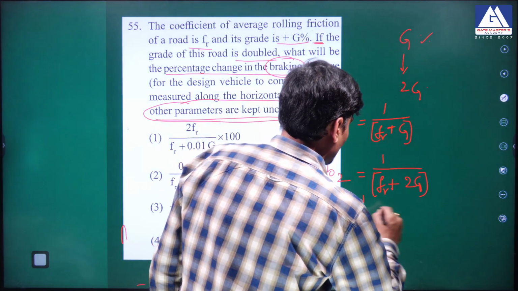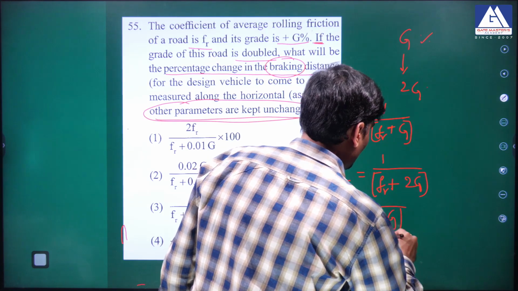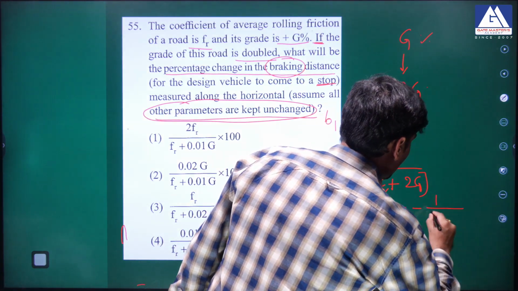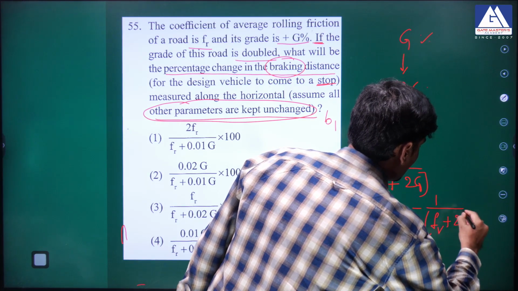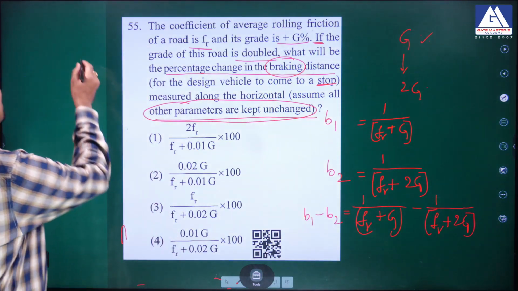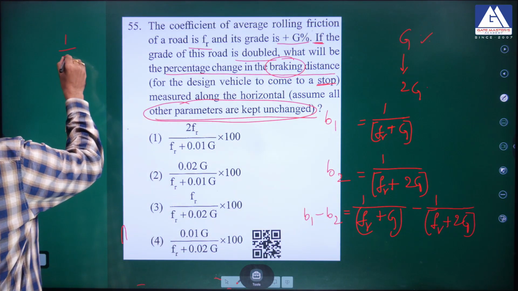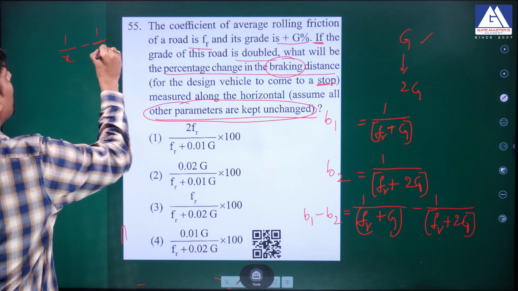So this is FR plus G minus FR plus 2g. Now this seems to be related to the relationship 1 by x minus 1 by y.